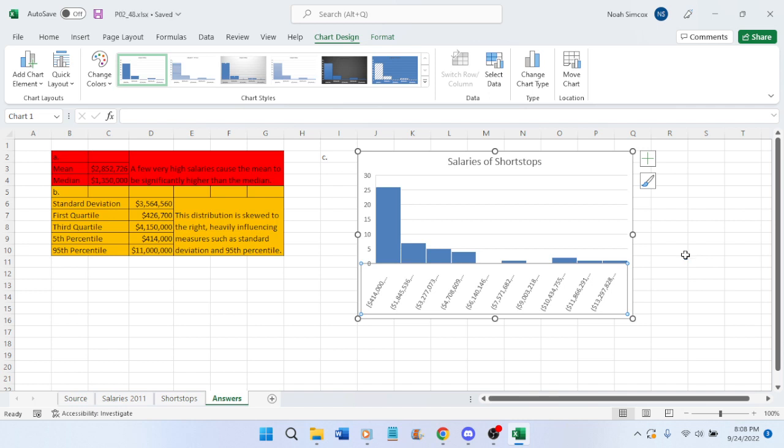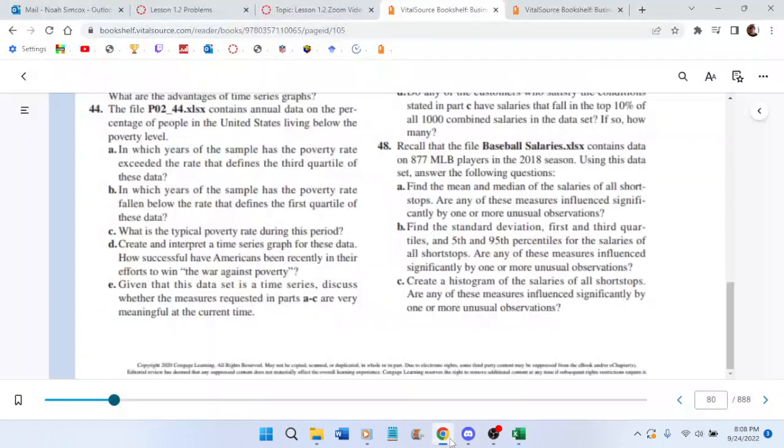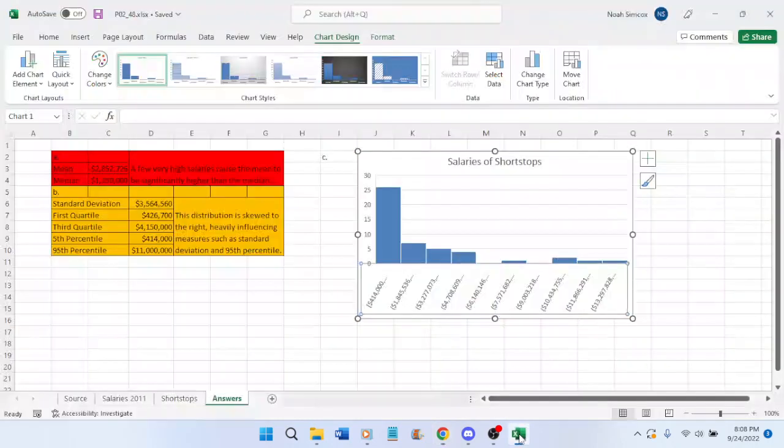Okay. Create a histogram. What measures?